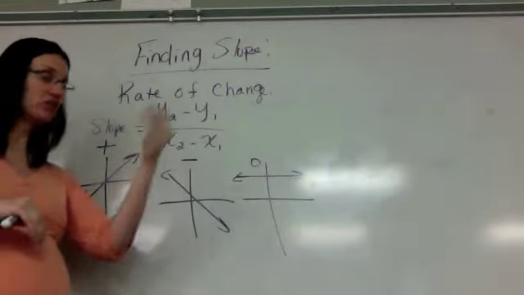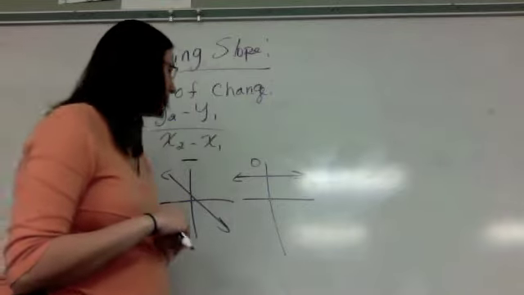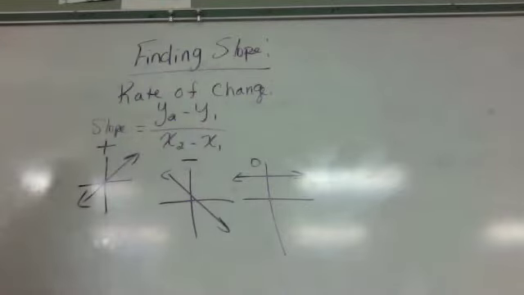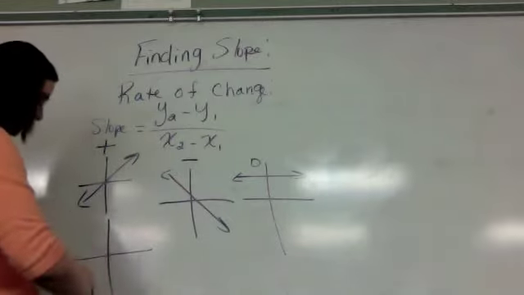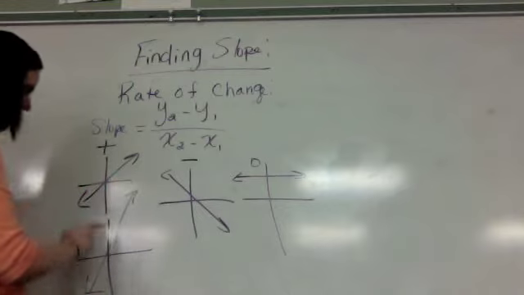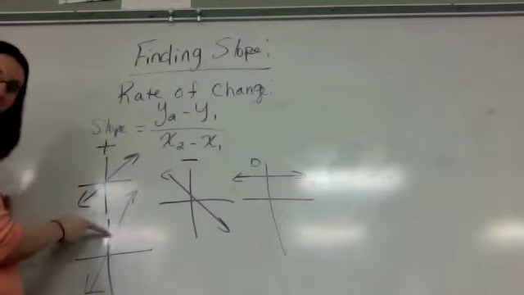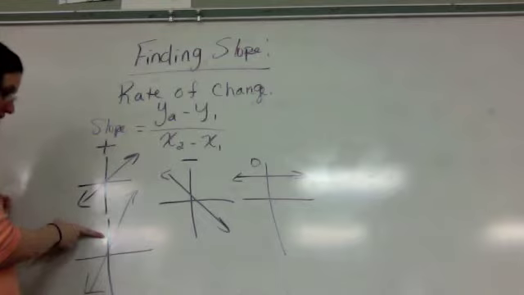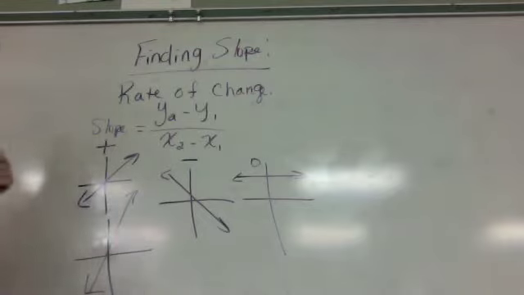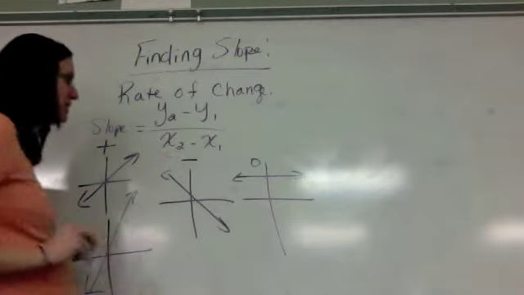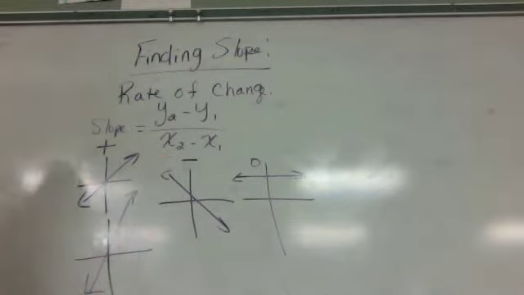There's no rate of change. There's no change at all, which we talked about yesterday with rate of change. So there's a couple things you know. And like we talked about yesterday, the steeper the line, the bigger the slope. This line is steeper than this one, so this one has a larger slope. This one may have a slope of 3, where that one has a slope of 2. And of course, the steeper it is this way, that means the larger negative slope you have.